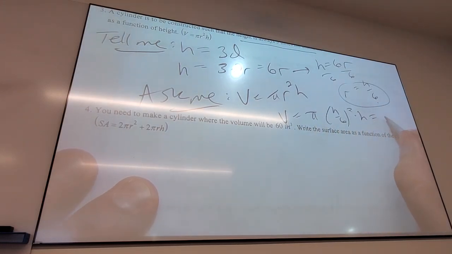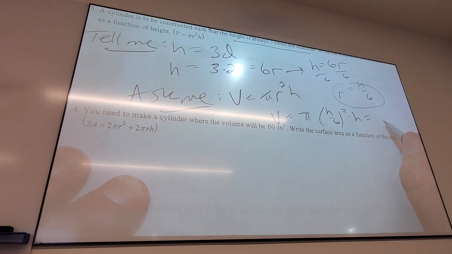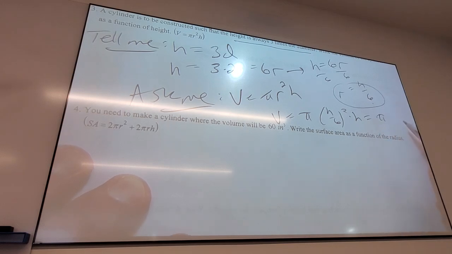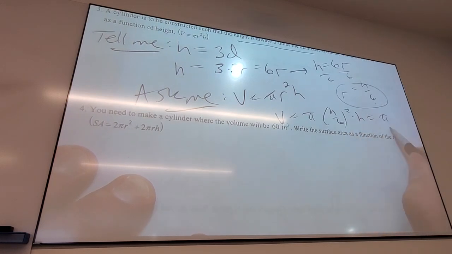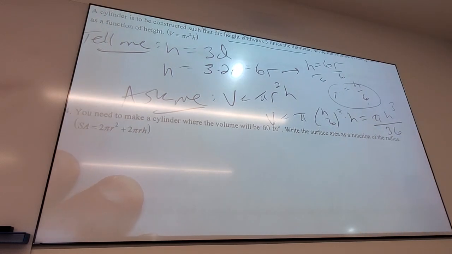So this is very much like the problem on the test. There I told you the radius was 1/4 the height, or the other way around, I can't remember. So this would be pi times h squared times h, over 6 squared. Is that right?